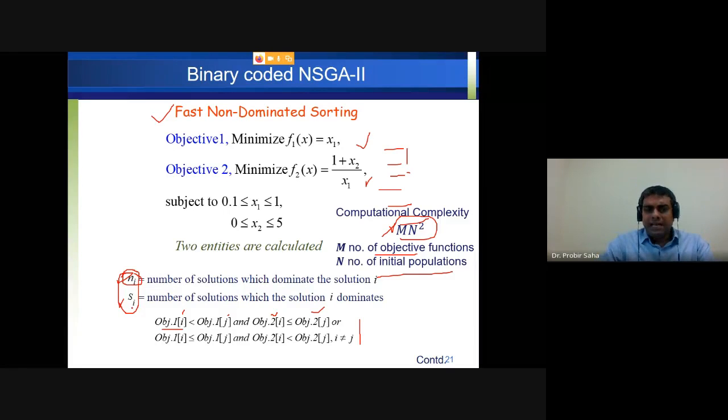Now at this juncture I can say, suppose the solutions which have Ni equal to 0. Suppose out of 8 solutions you found that when generation 1 is going on, Ni is 0 for 3 solutions. What does it mean? Out of 8 solutions, Ni is equal to 0 for 3 solutions. What does it mean?